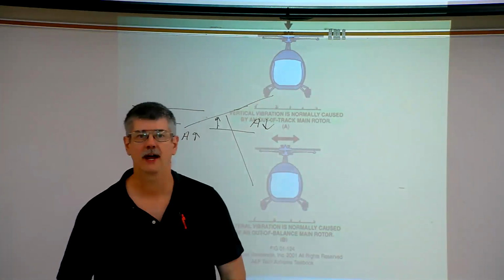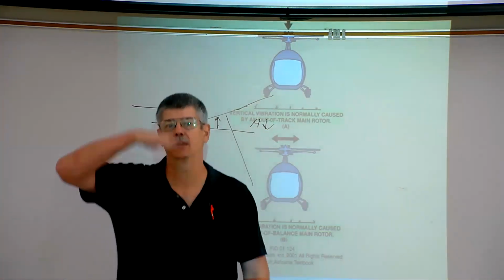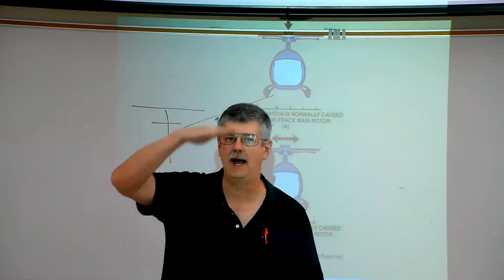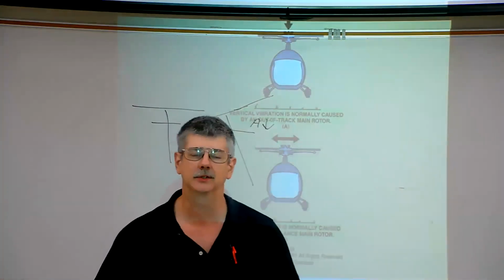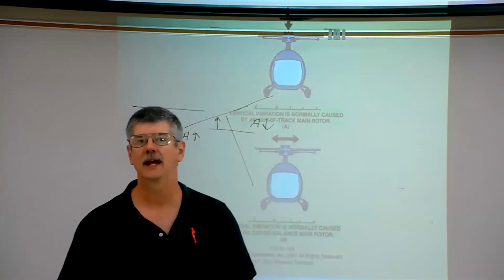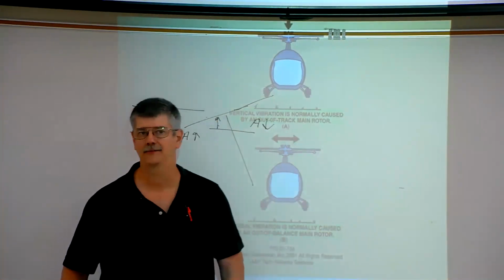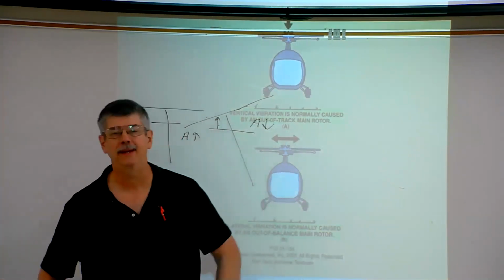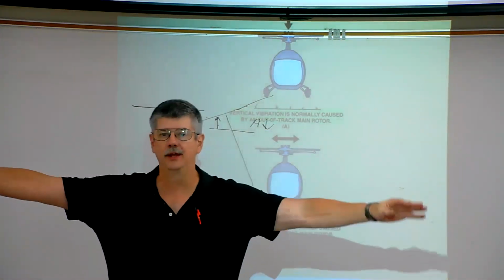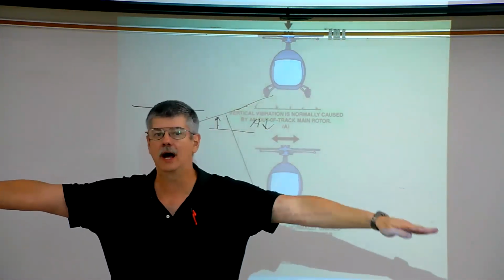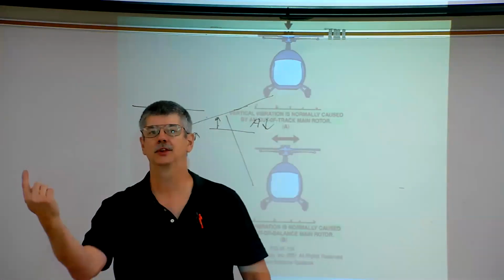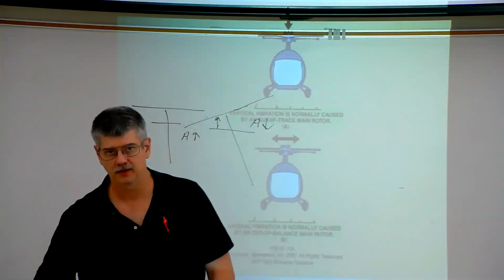If the mode of vibration is vertical, where the helicopter is kind of hopping up and down, this is usually an indication that the blades are what's called out of track. What that means is that the blade angles are not equal as they rotate around, okay?